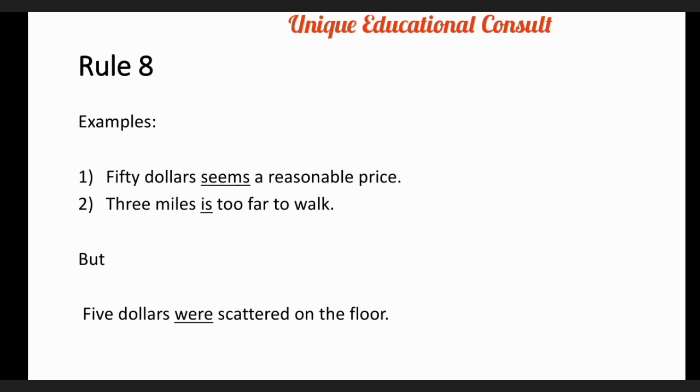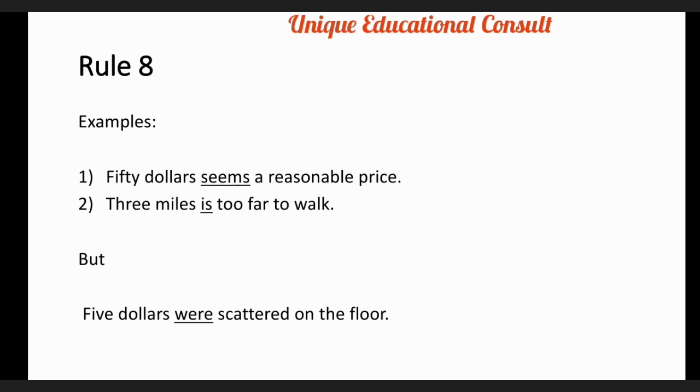This states that we use a singular verb for expressions of measurements. When you are talking about measurements in time, money, and weight, then when the amount is considered one unit, you use a singular verb.